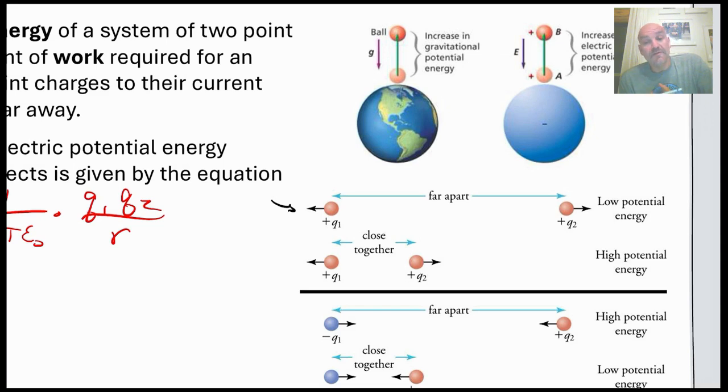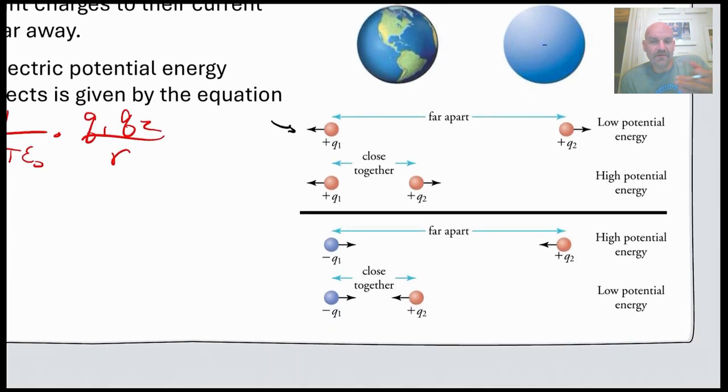So if they behave like they should, you get low potential energy because they want to push each other away. If you try to squeeze them together, you're going against what they want, so you end up with high potential energy. On the opposite side, with opposite charges, it's the opposite.